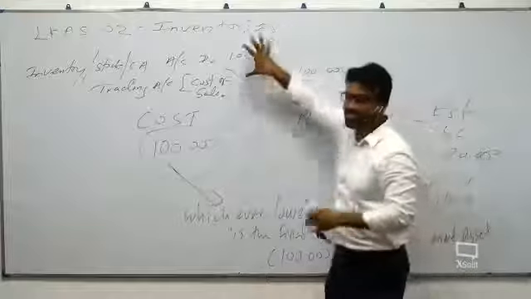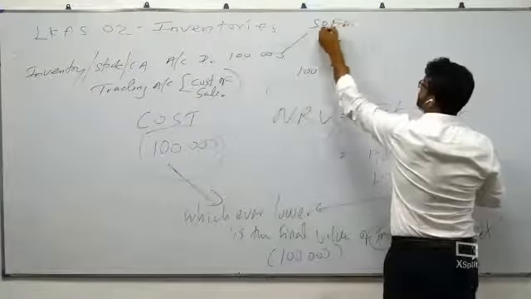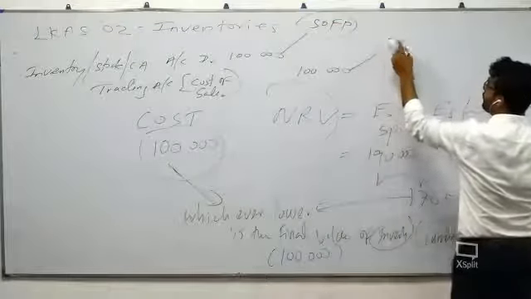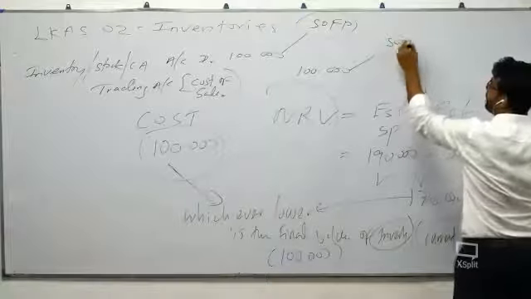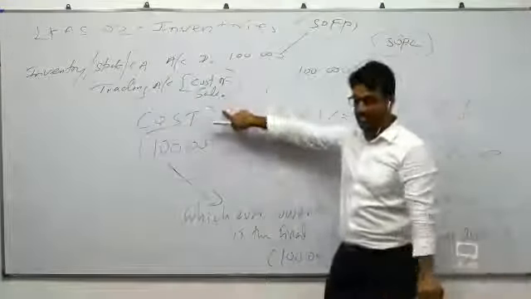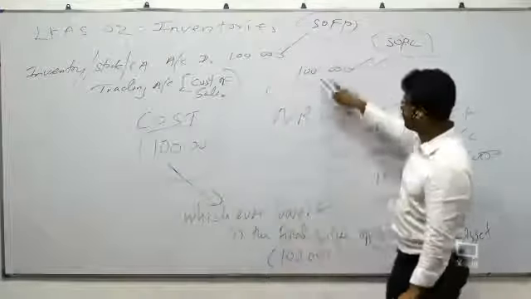So the double entry would be two places you record inventory. One is in the statement of financial position, current asset. This one goes to the statement of profit or loss. You guys know in the profit or loss, we always calculate cost of sales. In that cost of sales, we record closing stock. Closing stock is 100.